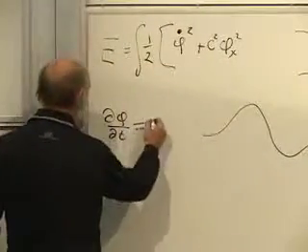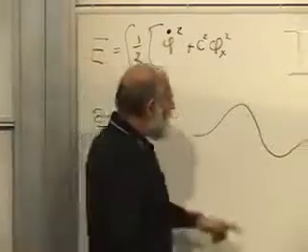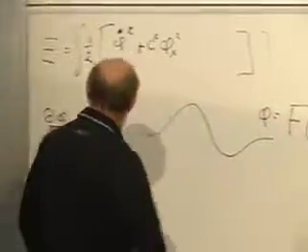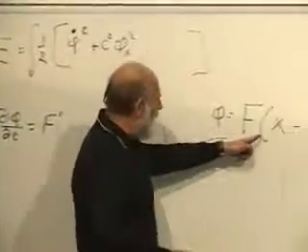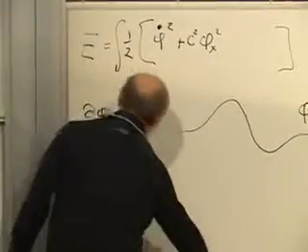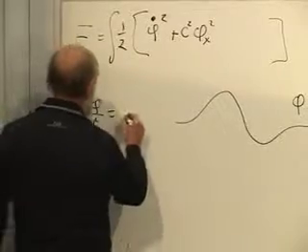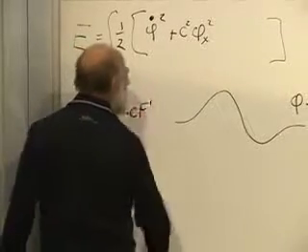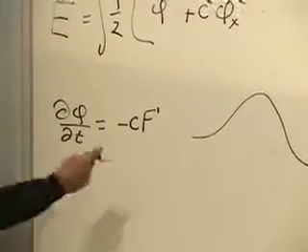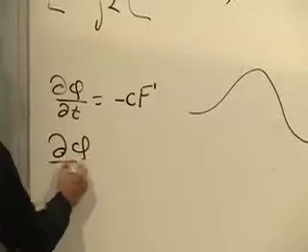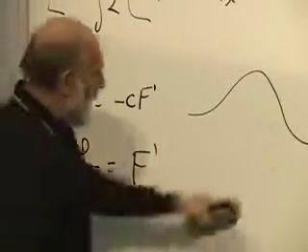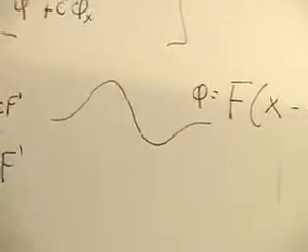Shall we just call it f prime? f prime means the derivative of f with respect to what's inside its argument, times the derivative of the argument with respect to t. That's minus c. So that's minus c times f prime. That's the derivative of phi with respect to t. And the derivative of phi with respect to x is just f prime. Differentiation with respect to x just gives f prime.